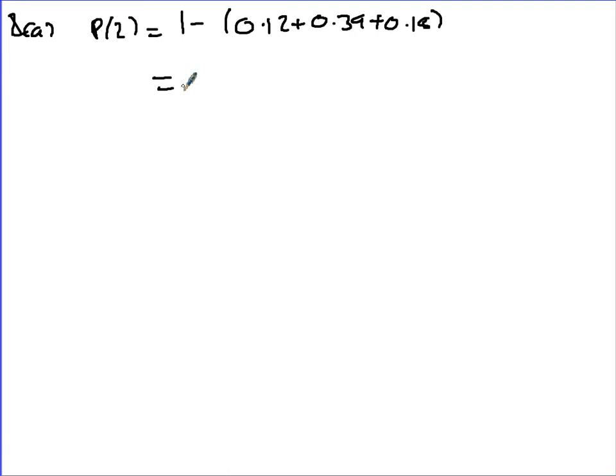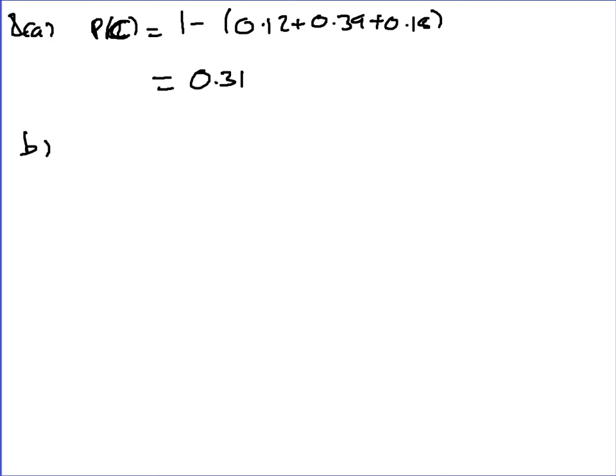Add up the other values, and then we're going to do 1 minus, and that'll give us 0.31. So 0.31 there is the probability it lands on C.